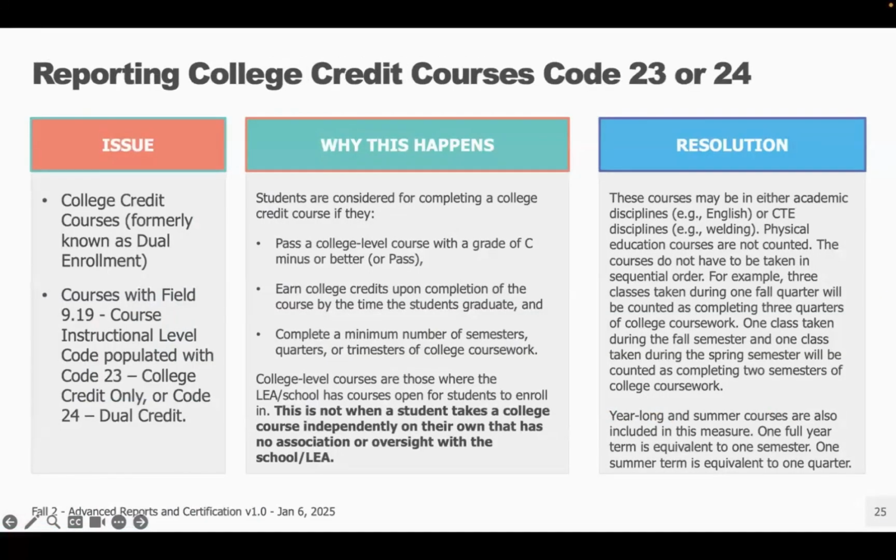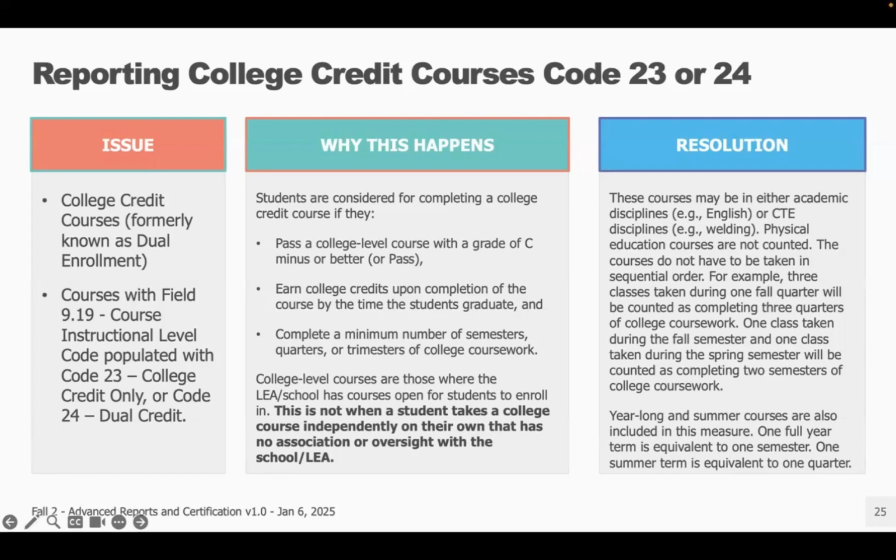Now, this slide was introduced last year with some additional clarification for reporting your college credit courses. There are a lot of various conditions that have to be met in order for you to consider the courses as college credit courses. The students would have to pass the course with a grade of C- or better.